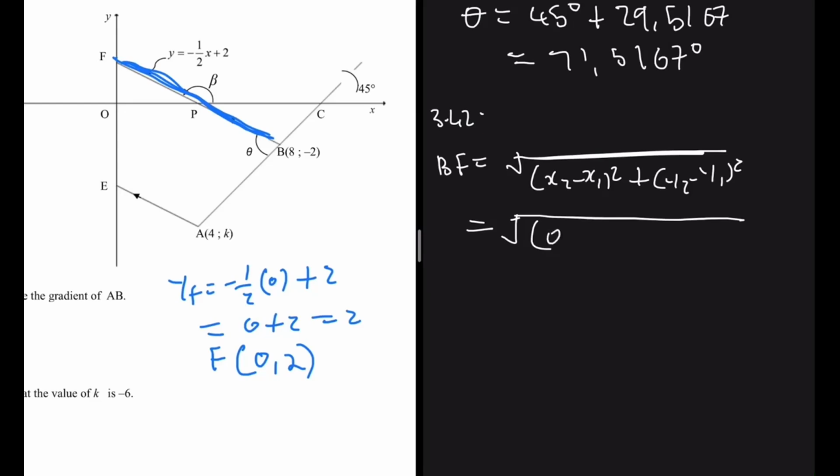So here we're going to have 0 minus x of B, which is 8, squared, plus y2, that will be 2, minus 2, that will be plus 4, right? Squared. And if you put that in your calculator, you're going to get 4 square root of 5.